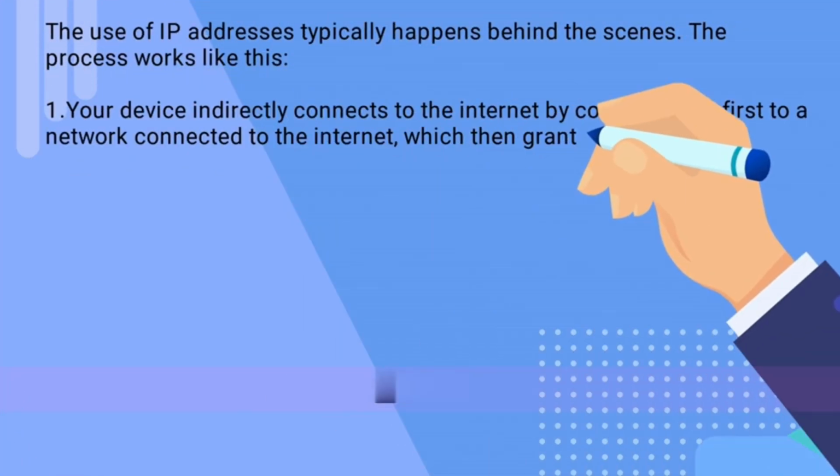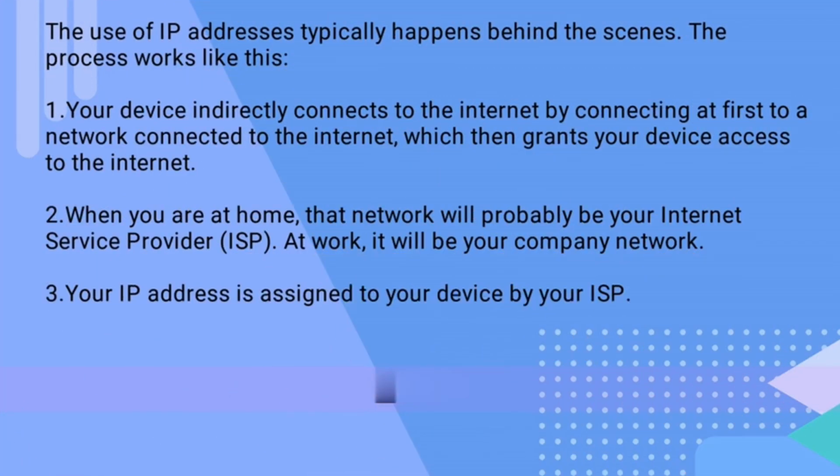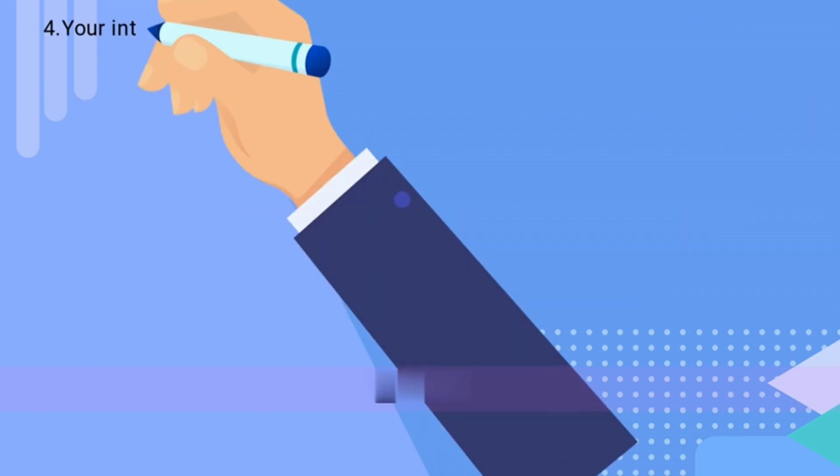The use of IP addresses typically happens behind the scenes. The process works like this. Your device indirectly connects to the internet by connecting at first to a network connected to the internet, which then grants your device access to the internet. When you are at home, that network will probably be your internet service provider.